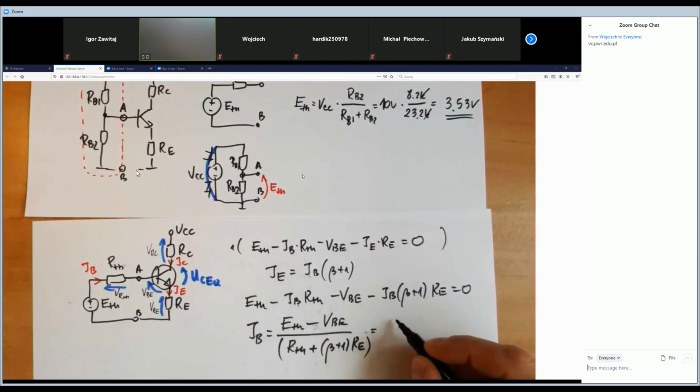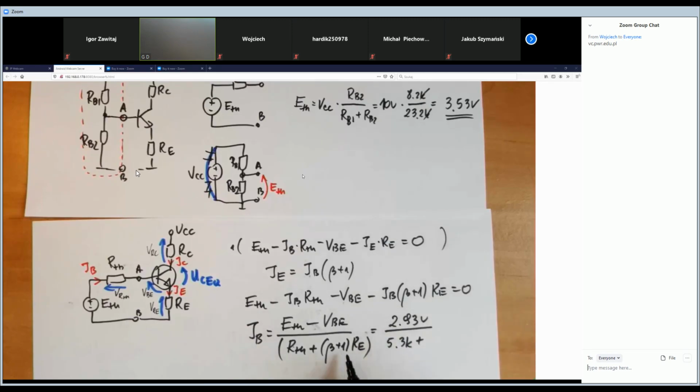So this is equal to 2.93 volts over the RTH. RTH, how many is it? 5.3 K plus (beta plus 1). It is 100 plus 1.